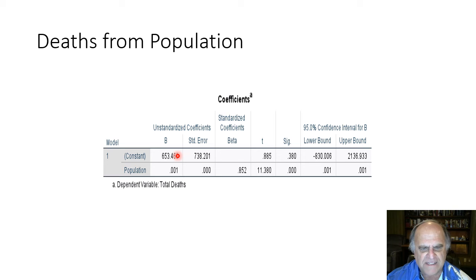The unstandardized coefficient for the constant is 653.46, but you can see the standard error is larger than the B value for the constant. In fact, its t-value is 0.885. It's not significant. So in this case, our intercept is not different from zero. That's not really a big deal.